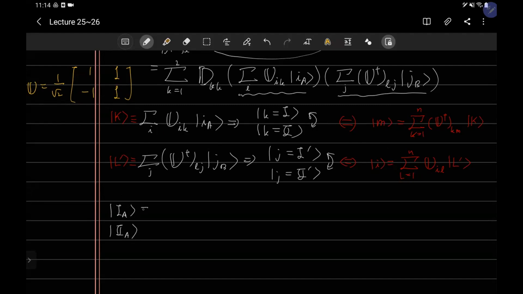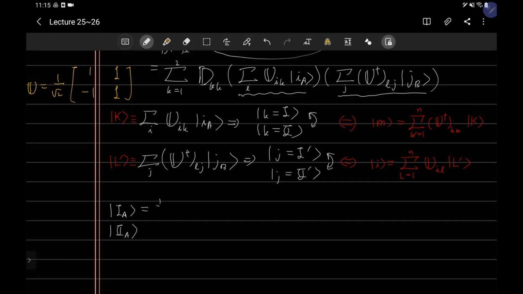According to this definition, this Roman numeral notation corresponds to the column number. So all I have to do is pull out this first column and then apply it to each of the original vectors.